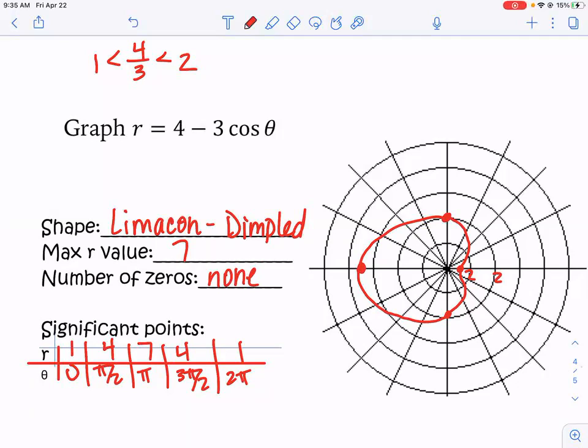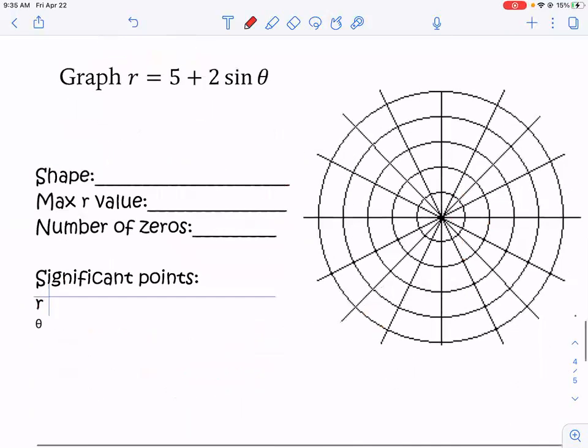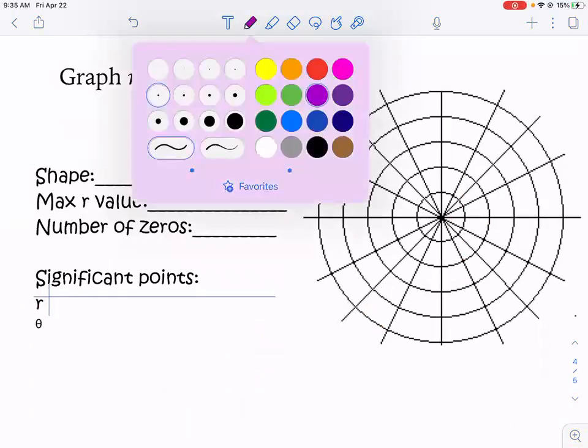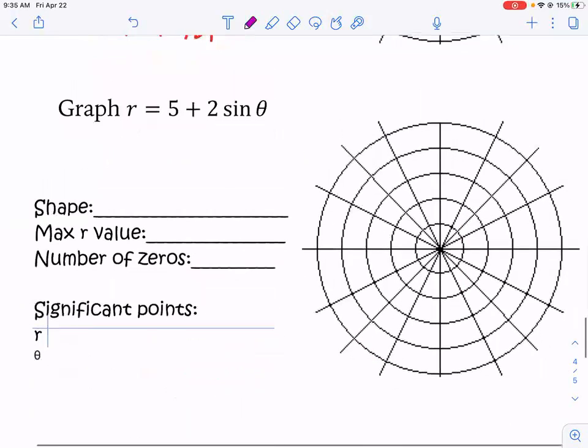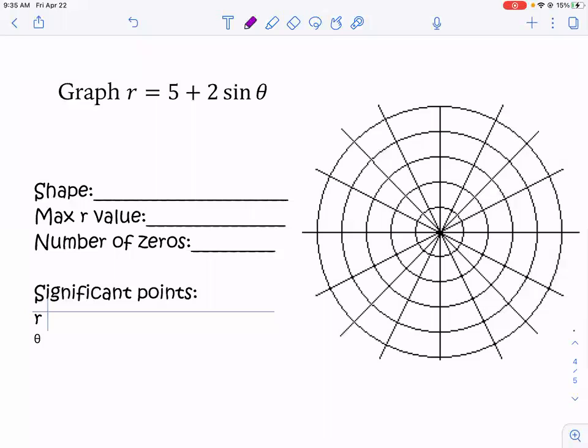There will never be any zeros for dimpled. What about here when we have a convex? Are we going to have zeros on a convex one? We'll find out.